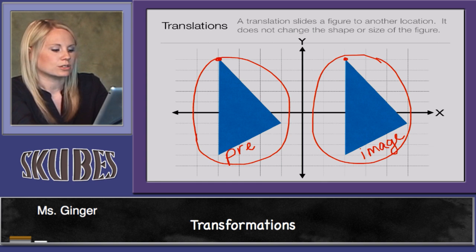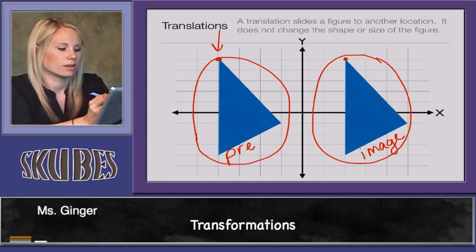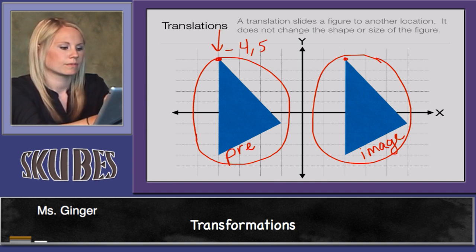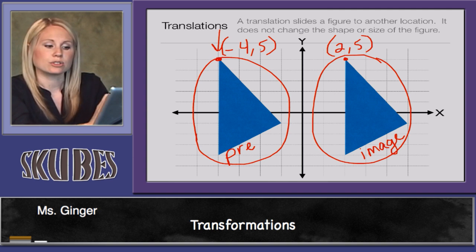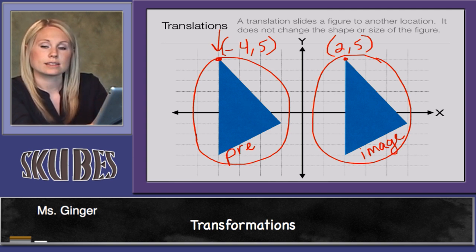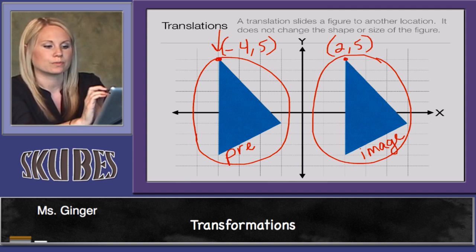Just for instance, one of these coordinates is located at (-4, 5). And then this one over here, its final spot on the image is at (2, 5). So you can see that from (-4, 5) to (2, 5), we did add 6 to that x coordinate and arrive at 2.